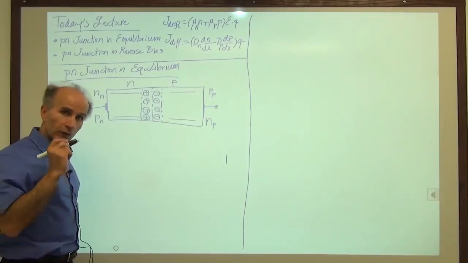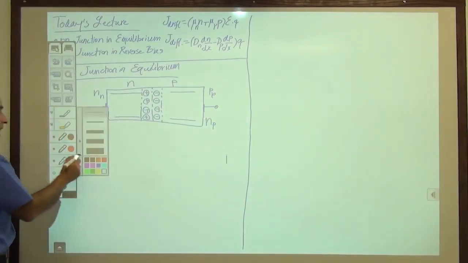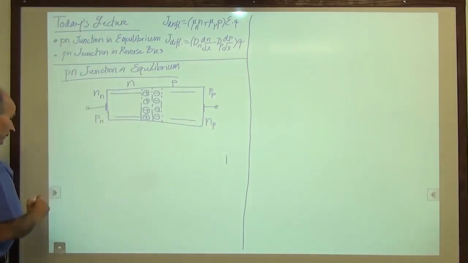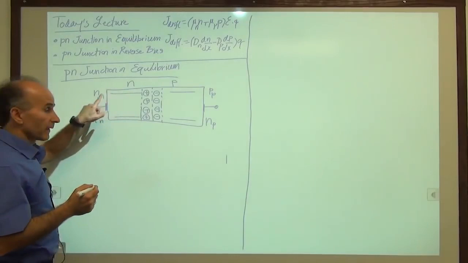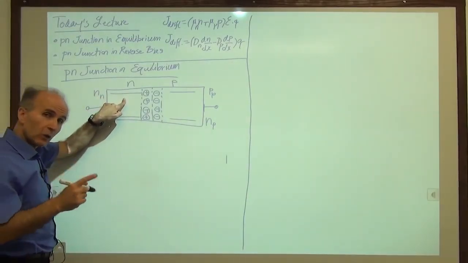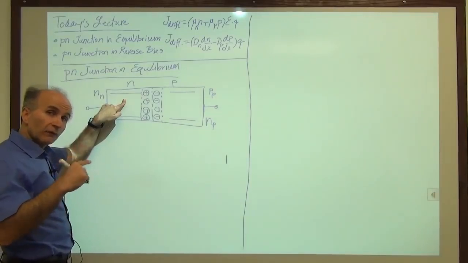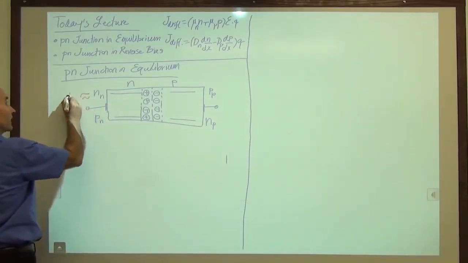Okay, I would also like to remind you that, let me change my color here, when the densities are high enough, we can say that the density of electrons on this side is approximately equal to the density of donor atoms. So this is approximately equal to N_D.